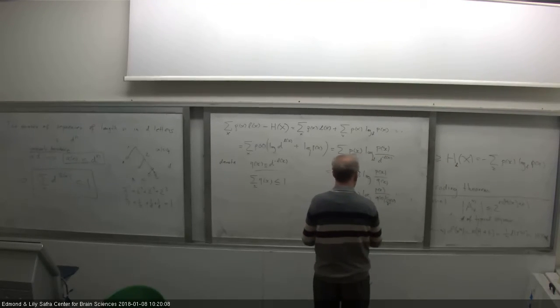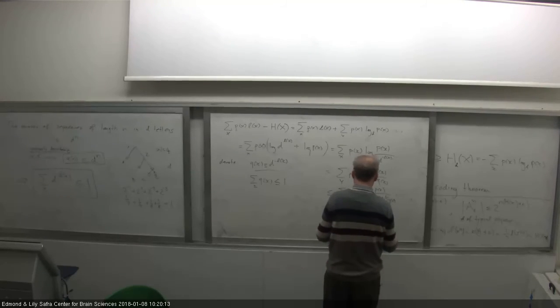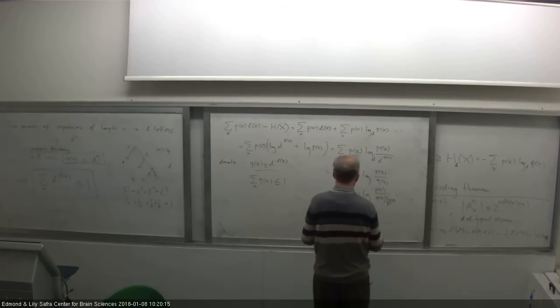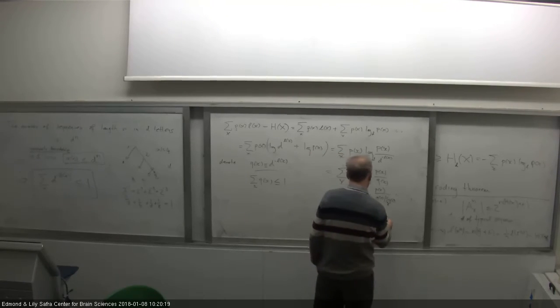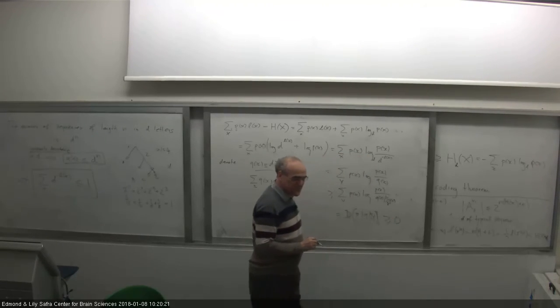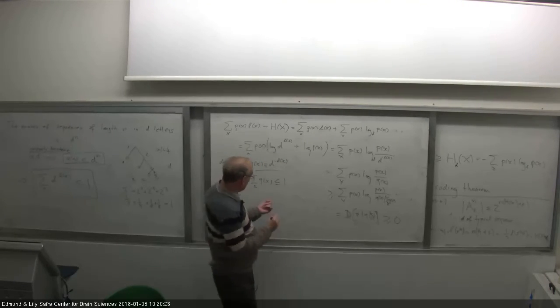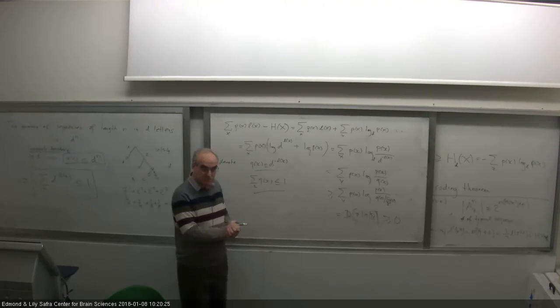Believe me, it's true. It's the opposite direction. Yeah, sorry. Greater than this. But this is greater than 0. But I use this. If this is not true, then I don't have my inequality.